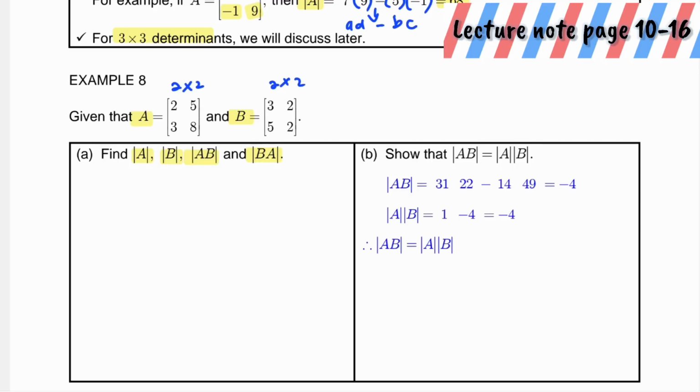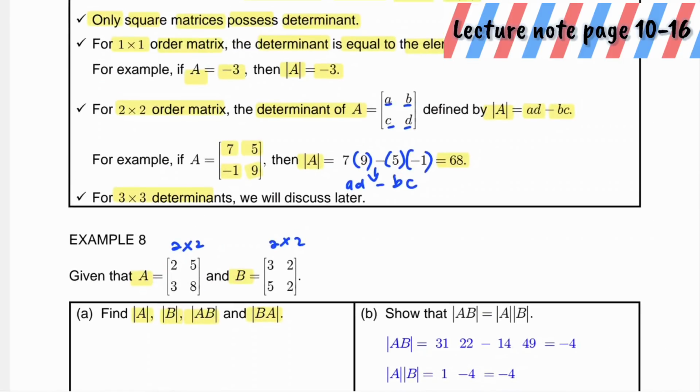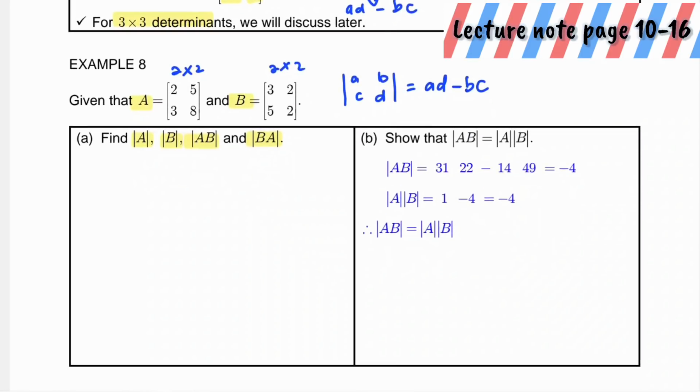Since these are 2 by 2 matrices, in order to find the determinant, you just need to follow this formula. You have to compare with the general form of 2 by 2 matrices, which is in the form of a, b, c, d. To find the determinant, you just need to calculate ad minus bc. So we are going to solve this question.